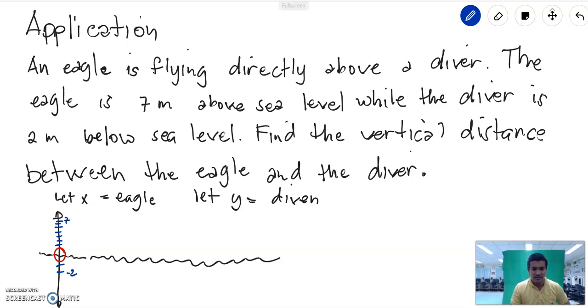So what we'll do, we have to count. So we have 1, 2, 3, 4, 5, 6, 7, 8, and 9. So therefore, the distance between the eagle and the diver is equal to 9 meters.